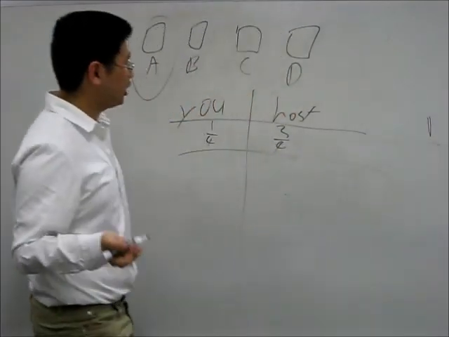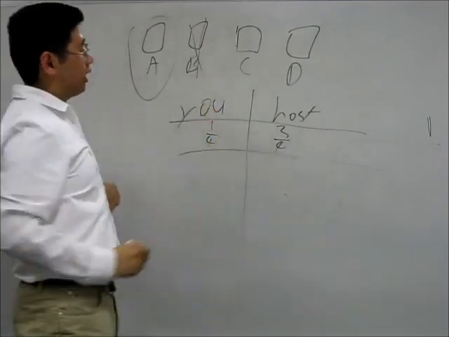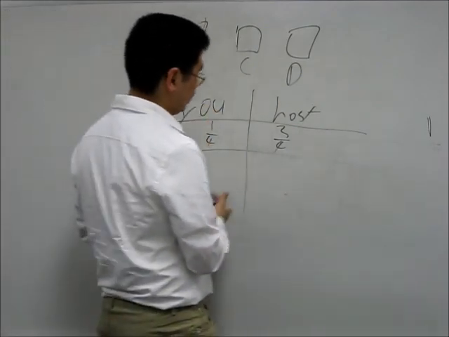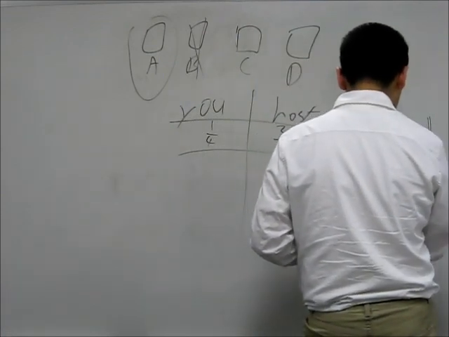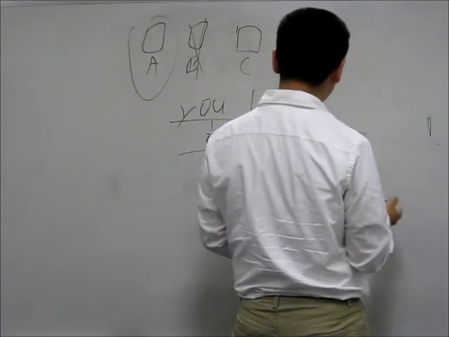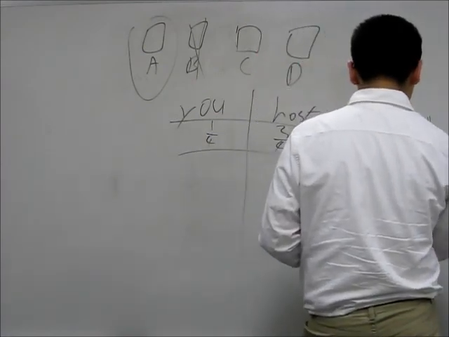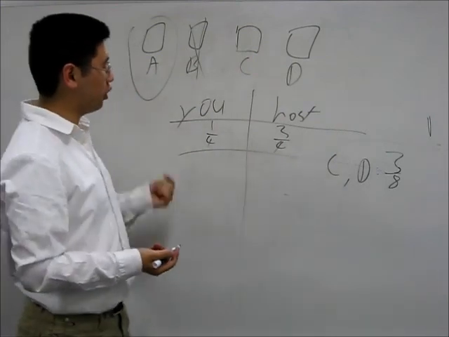Then the host says B is not the right answer. So C and D have a probability of 3/8 each of having the car, while you have 1/4.